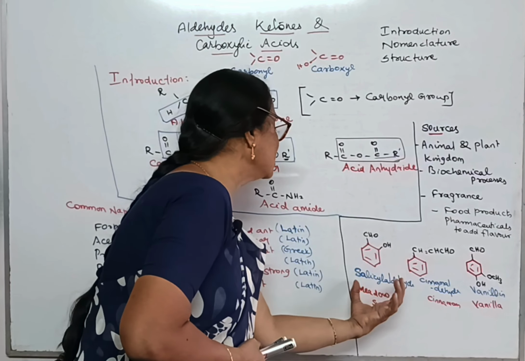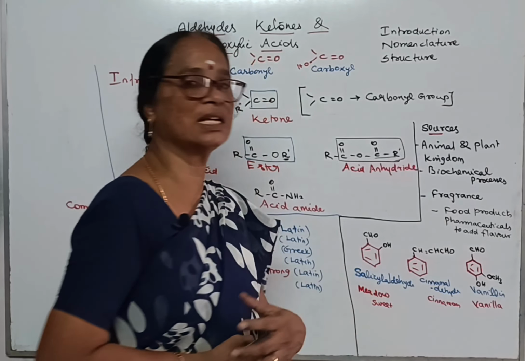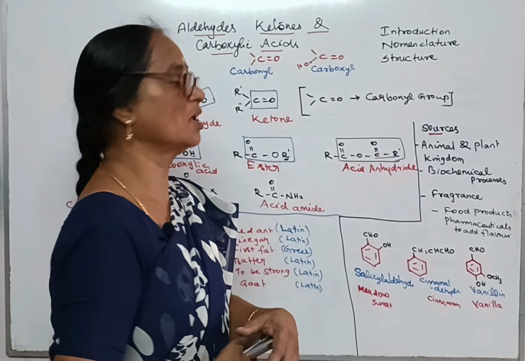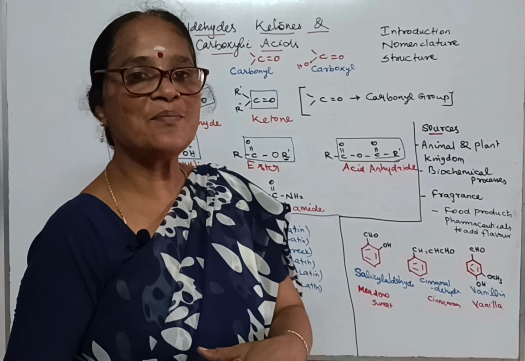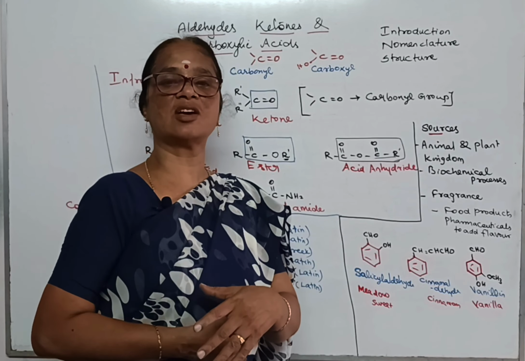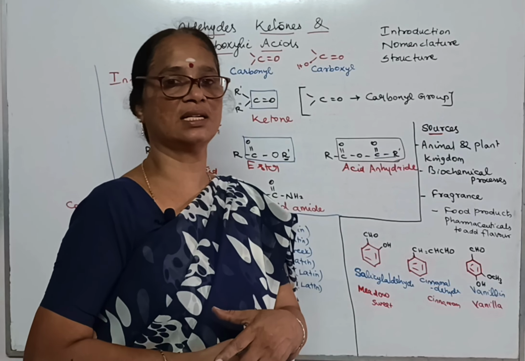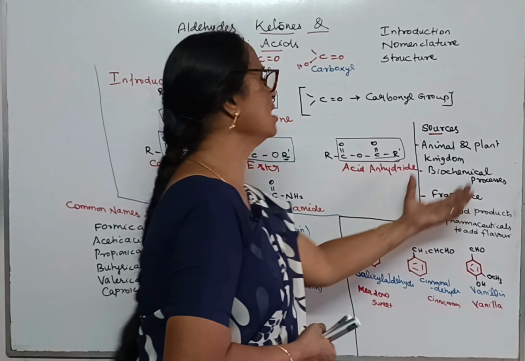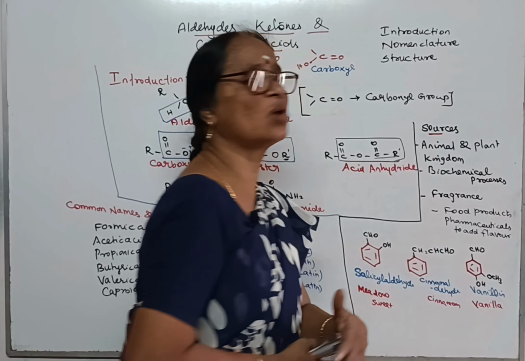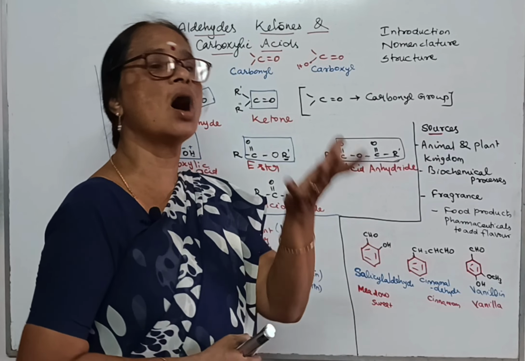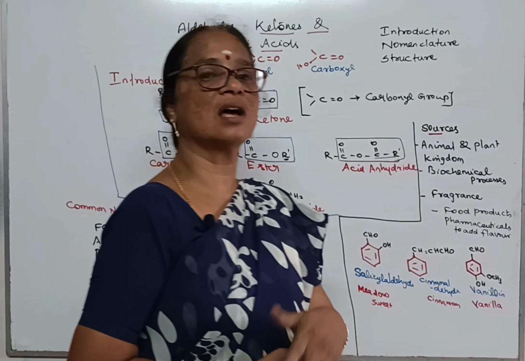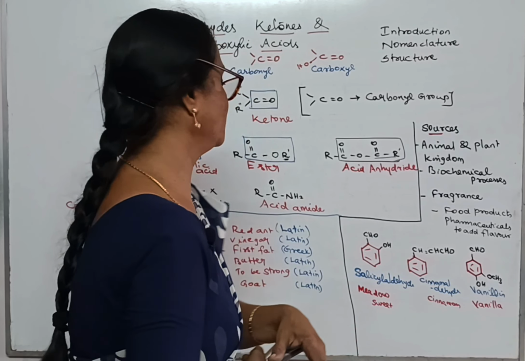And salicylaldehyde is also present in meadowsweet. Besides that, they can also be used in industrial preparations of plastics, adhesives, etc. So this is the reason we should know about these compounds, and why food becomes more fragrant, or why spices have fragrance.